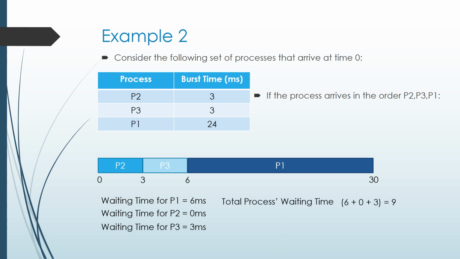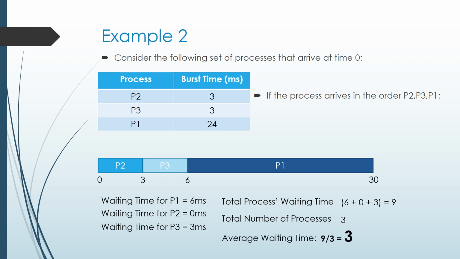Now, to get the average waiting time for this order, we have to add up the waiting time of P1 which is 6, the waiting time of P2 which is 0, and the waiting time of P3 which is 3. Then divide that by the total number of processes.